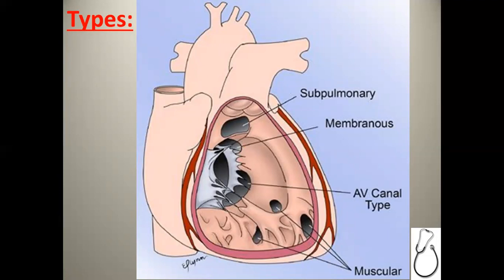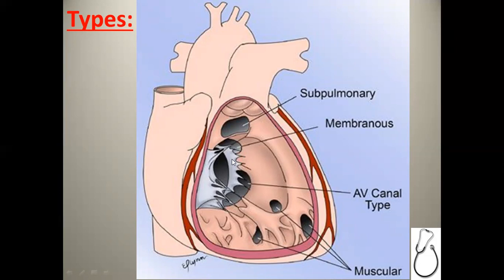It is the most common type, located in the membranous portion of the septum in the posterior inferior position. The ventricular septum has both a membranous portion and a muscular portion.